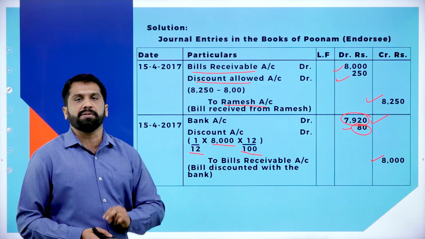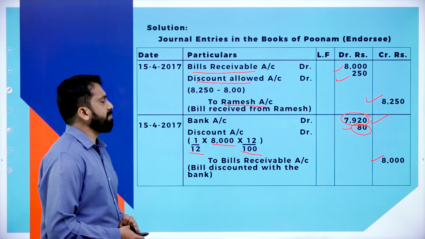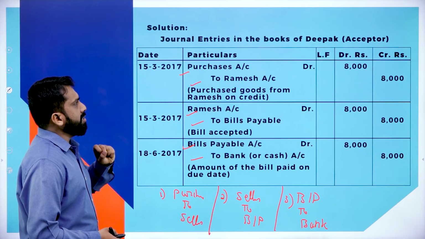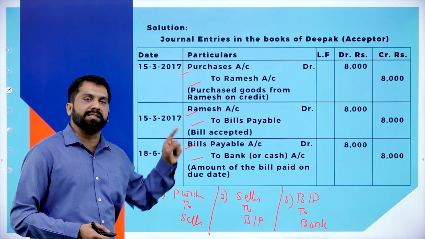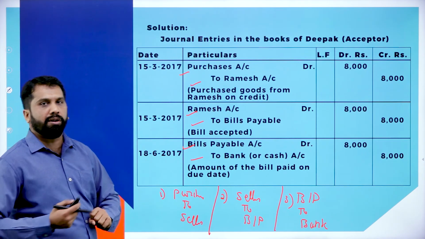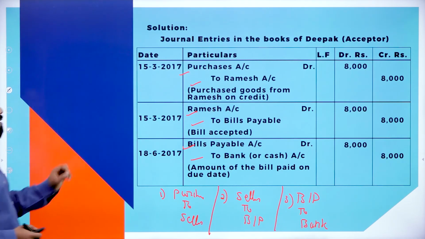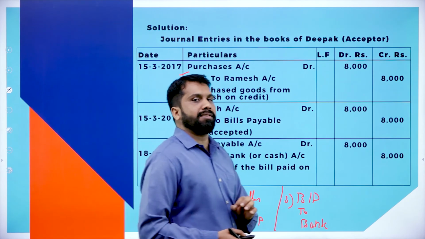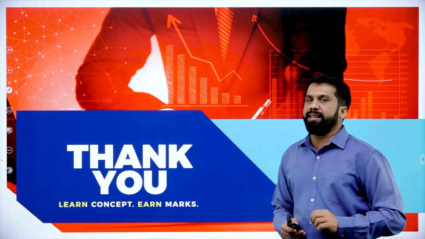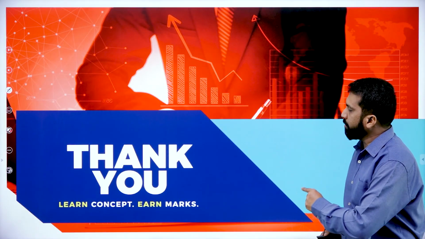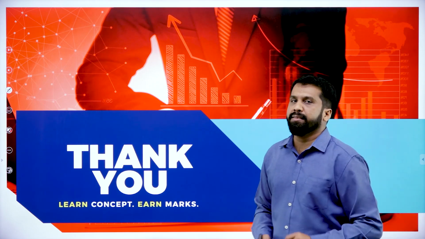We have 2 journal entries for this. Journal entries in the books of acceptor. Please take a screenshot of this. I'll go out of the screen. This is all about your journal entries in the books of drawee. So I'll end this session with the saying: learn the concept and earn marks.